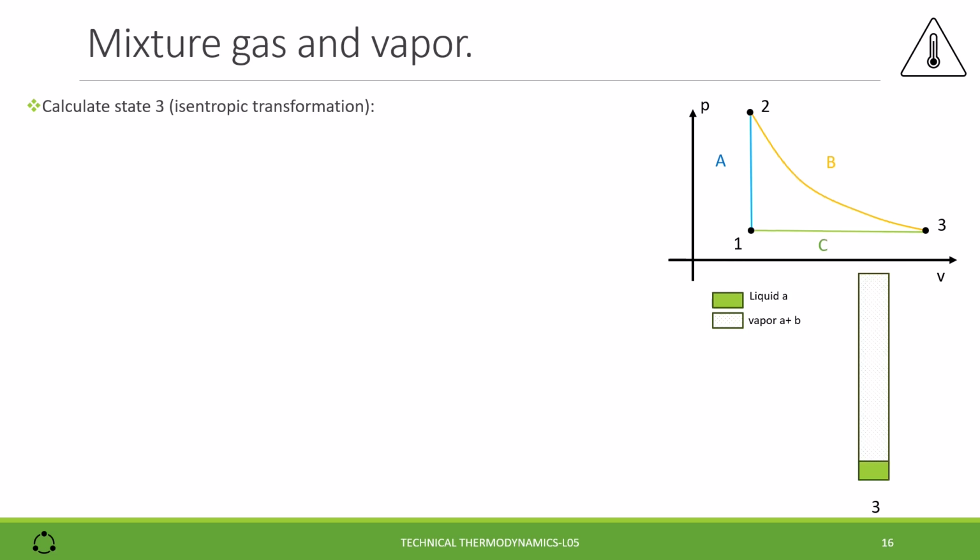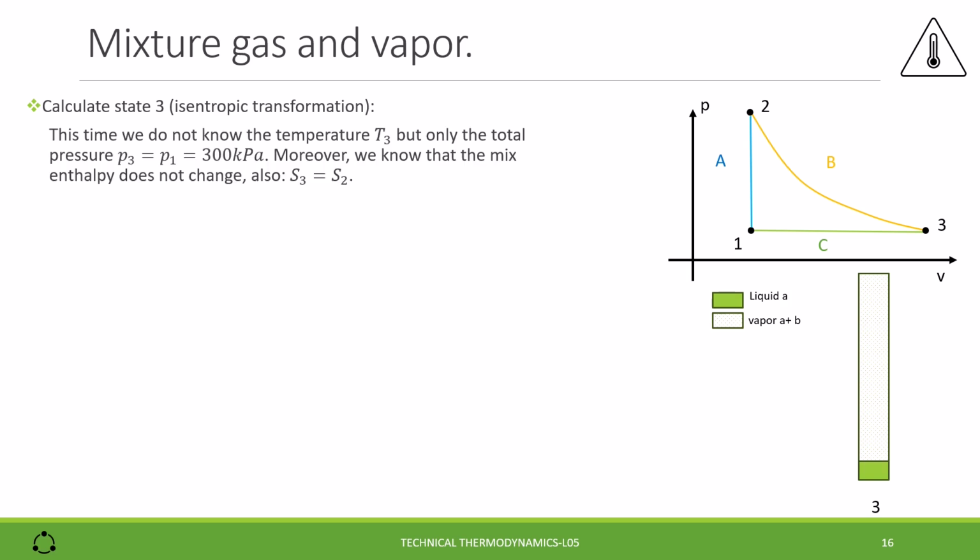Let's calculate now the state 3 after the isentropic transformation. This time we do not know the temperature T3, but only the total pressure P3 that is equal to P1. Moreover, we know that the mixture entropy does not change. Therefore, capital S3 equals capital S2.